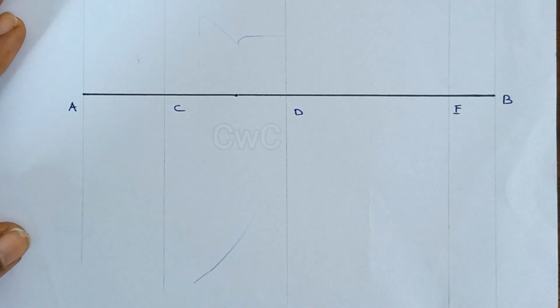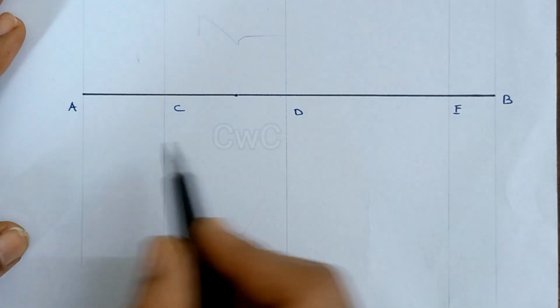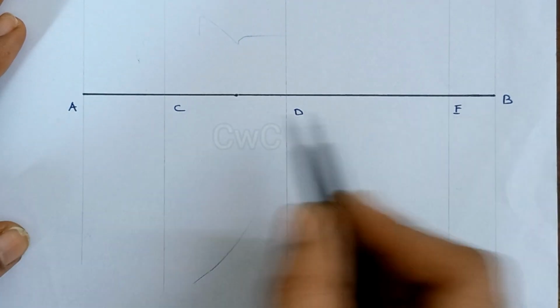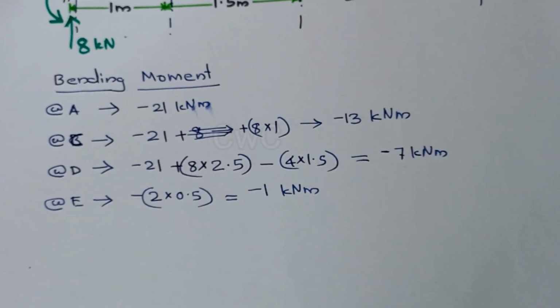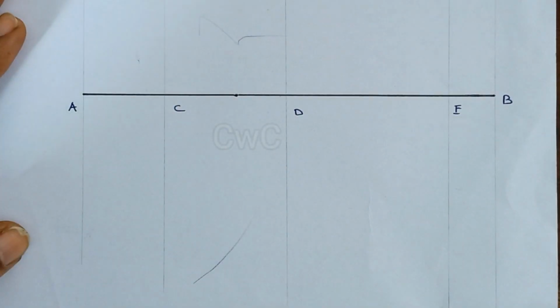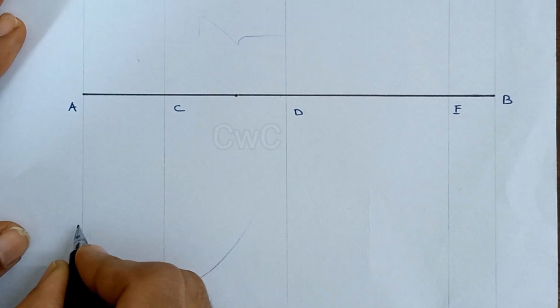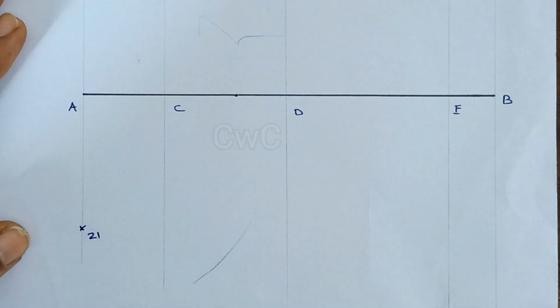For drawing the bending moment diagram, I have drawn a beam line and marked all the points. Now at A we have minus 21 kilonewton meter. Since it is minus, let's draw down 21.